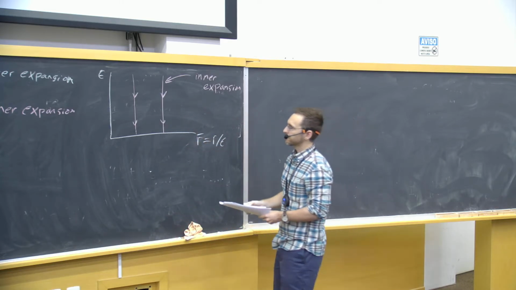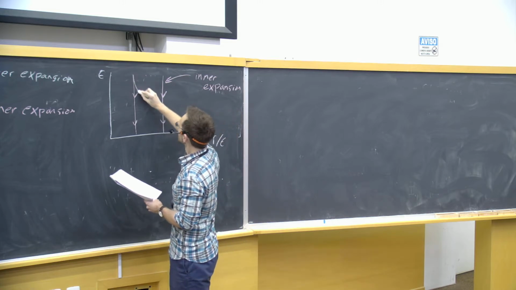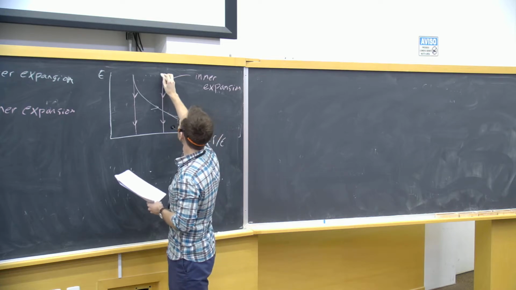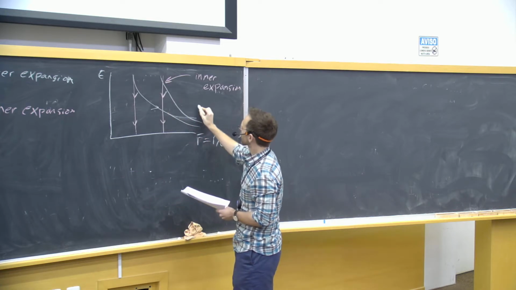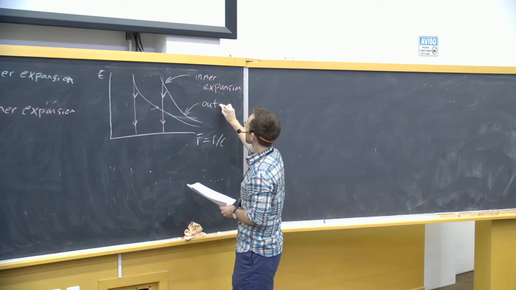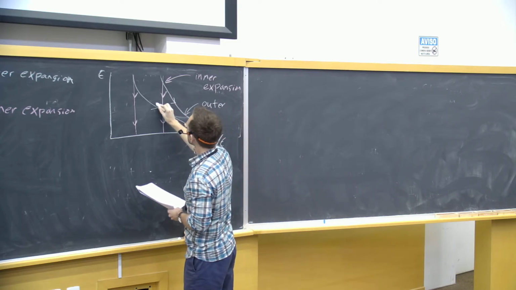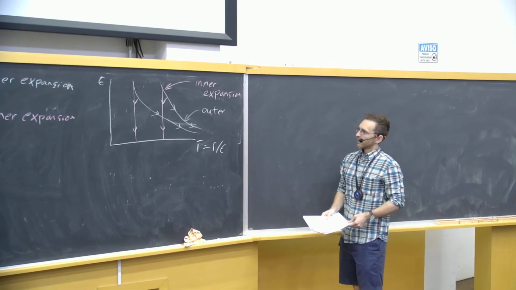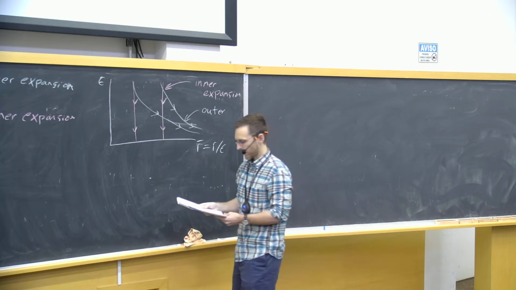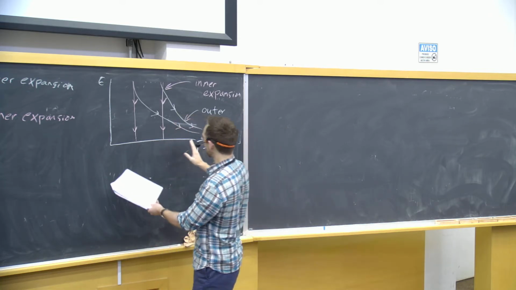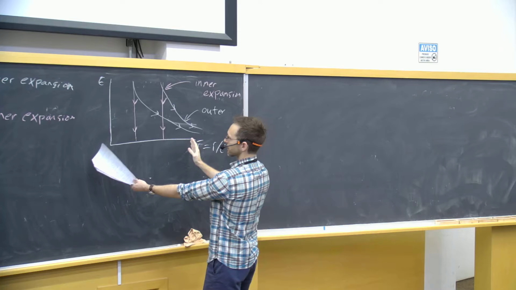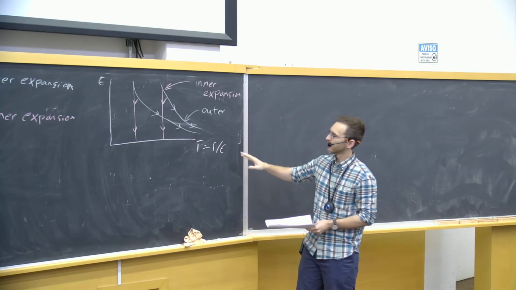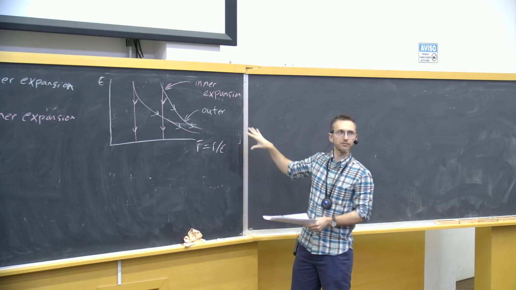The outer expansion is then going out like that. So the inner expansion is keeping the size of the object fixed. So the object is some fixed size on this picture, keeping the size of the object fixed, but sending all other distances out towards infinity.